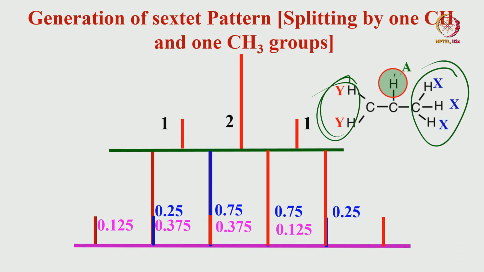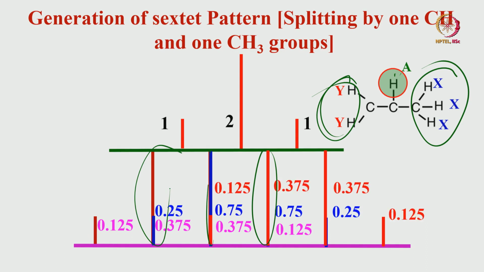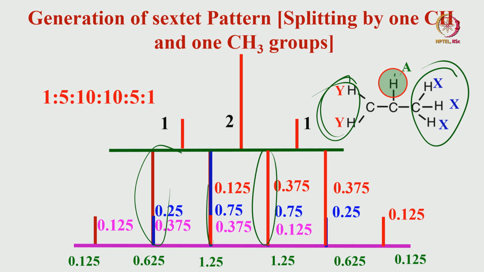Because the coupling is the same, some of the lines overlap here. Now calculate the intensity. If you put the intensity, this turns out to be 1:5:10:10:5:1. This is a sextet, a 6-line pattern. Remember, when one proton is coupled to another CH2 and a CH3 group, you get a sextet pattern.